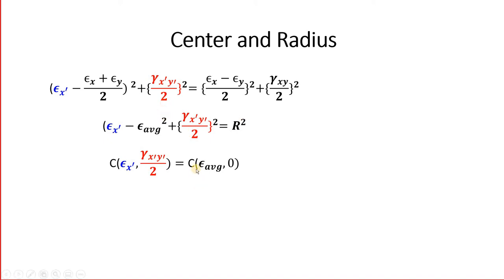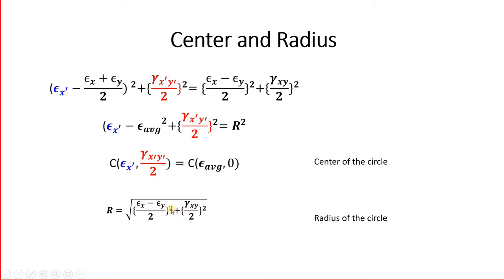So this center will have coordinates epsilon average and 0, and the radius will be, if r square is equal to this, then r should be equal to the square root of this term. So this is the radius of the circle.